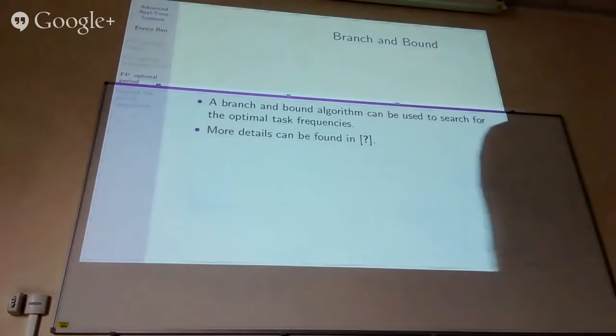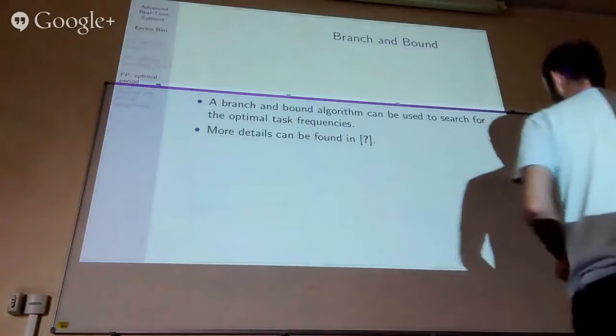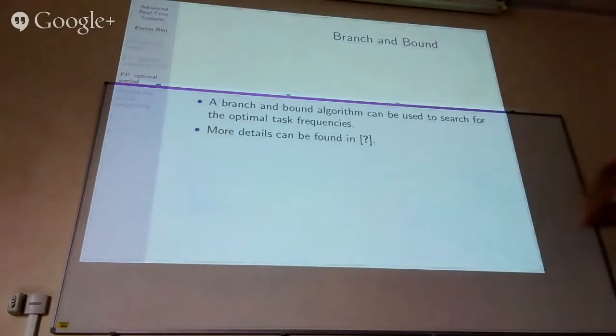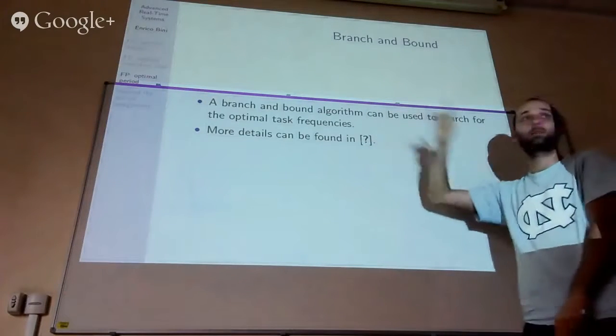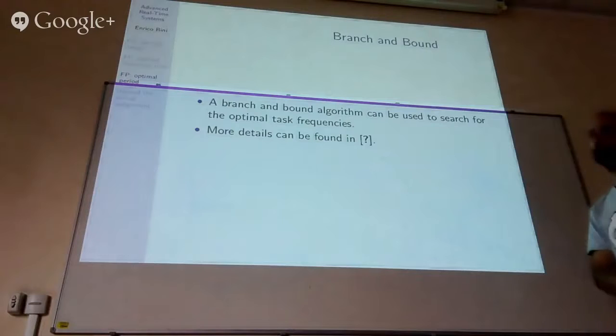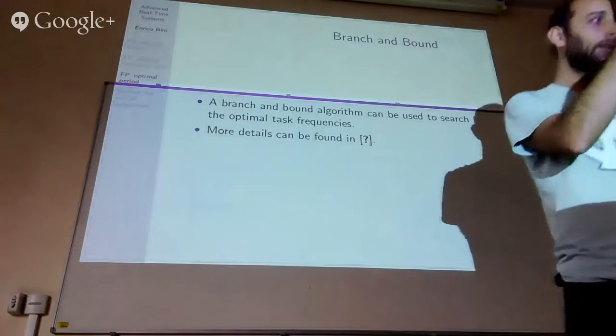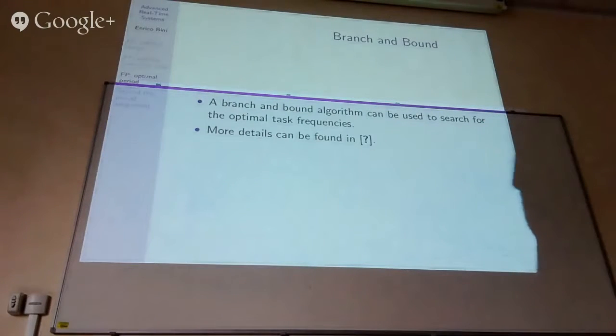Okay. Branch and bound. Yes. Now we have that formulation. If you want, you can use a branch and bound algorithm. We have a paper where we find these task frequencies.